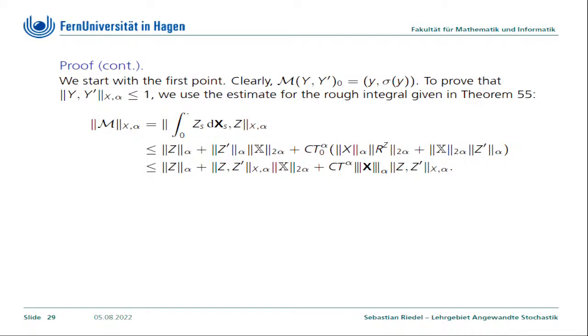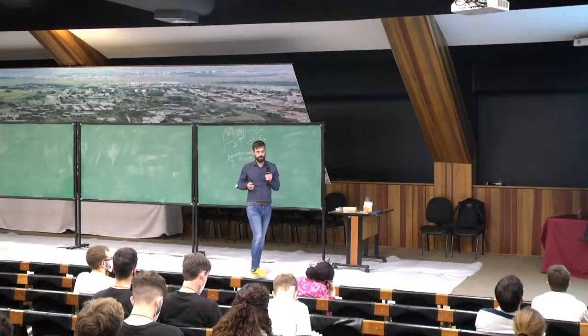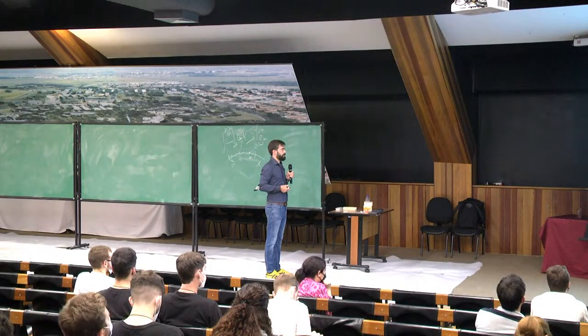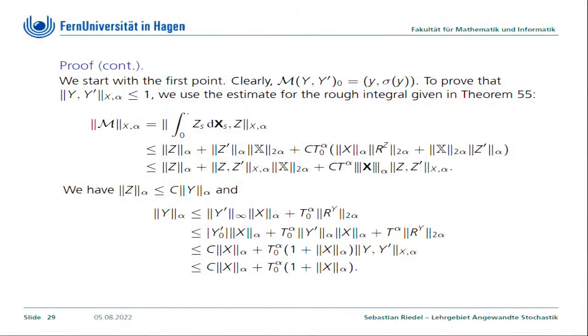And then you end up here with this term. Remember what was the Z? The Z was the sigma applied to Y. So now we estimate the alpha Hölder norm of the Z. This is a constant times the alpha Hölder norm of Y. And the alpha Hölder norm of Y we estimate here.